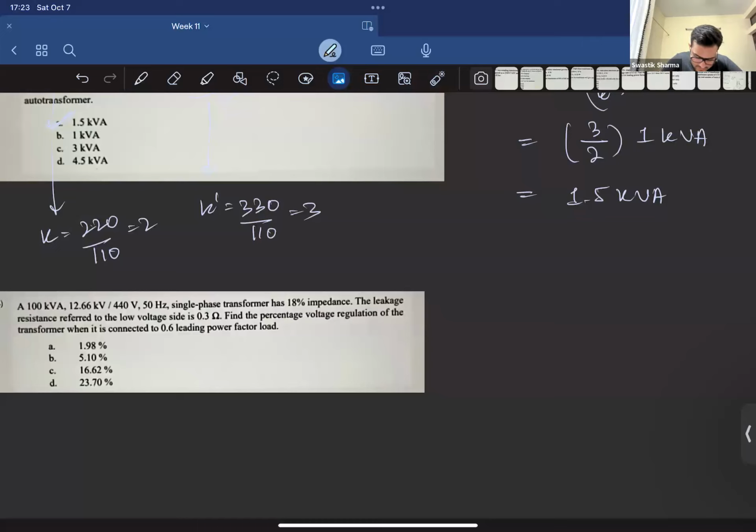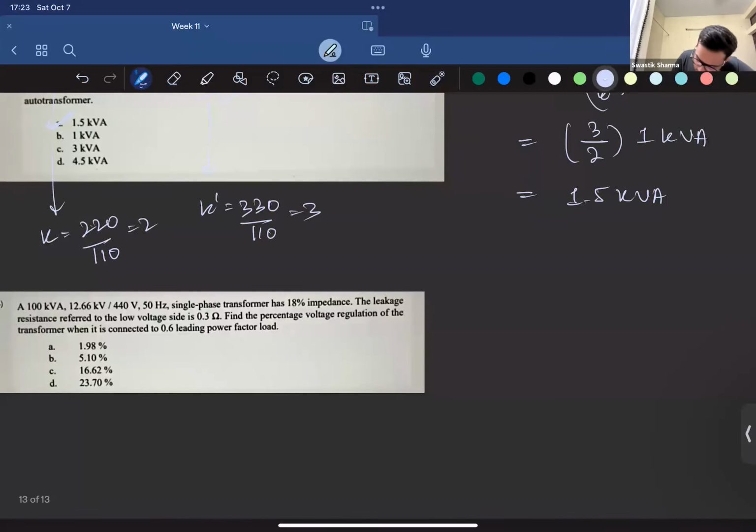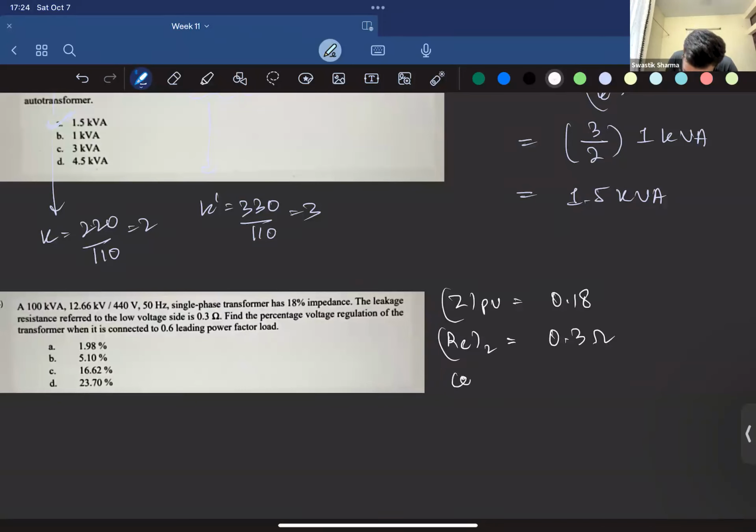Find the percentage voltage regulation of the transformer when it is connected to 0.6 leading power factor load. Okay, so what are the known things? Per unit value is given, which is 0.18, and we are given that the leakage resistance transferred to the secondary side, which is RE2, is nothing but 0.3 ohm, and cos phi is also given, which is 0.6 leading.